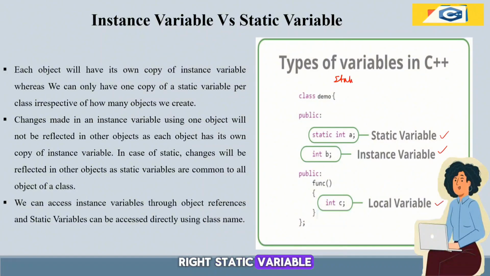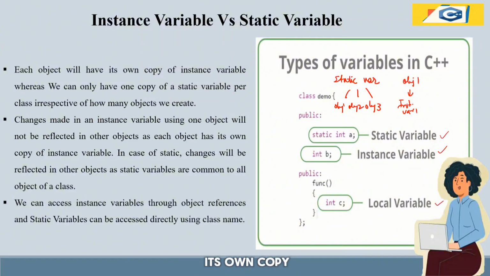Static variable will have only one copy for all the objects, whereas in the case of an instance variable each object will have its own copy. In this, sharing is not taking place.